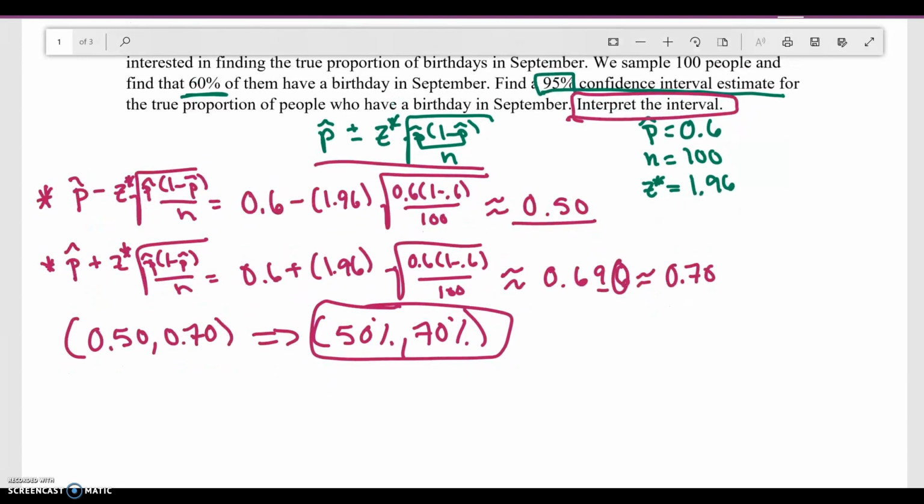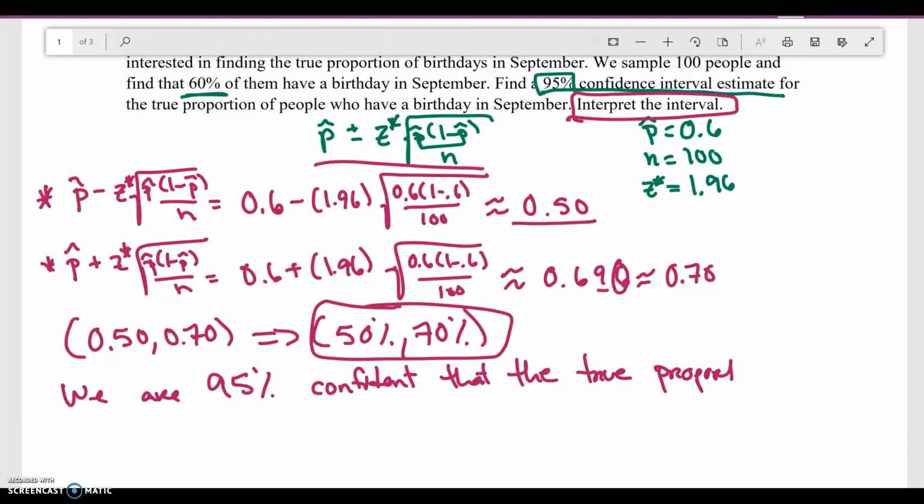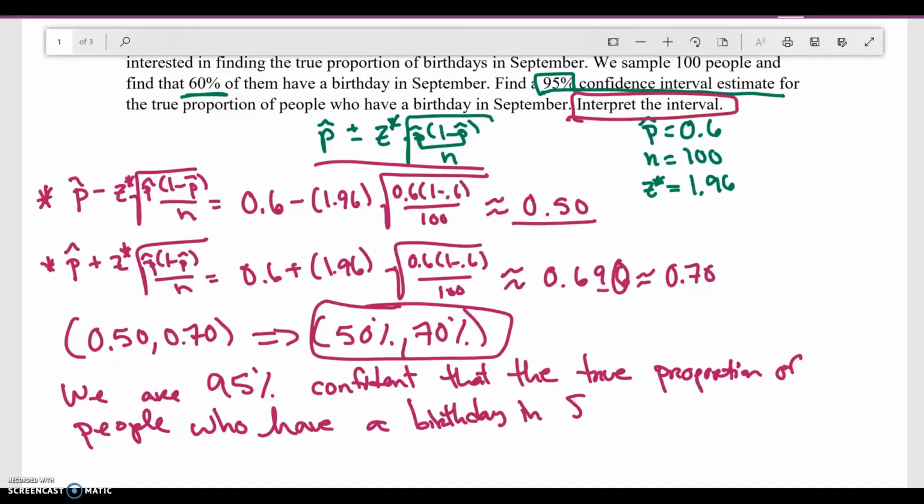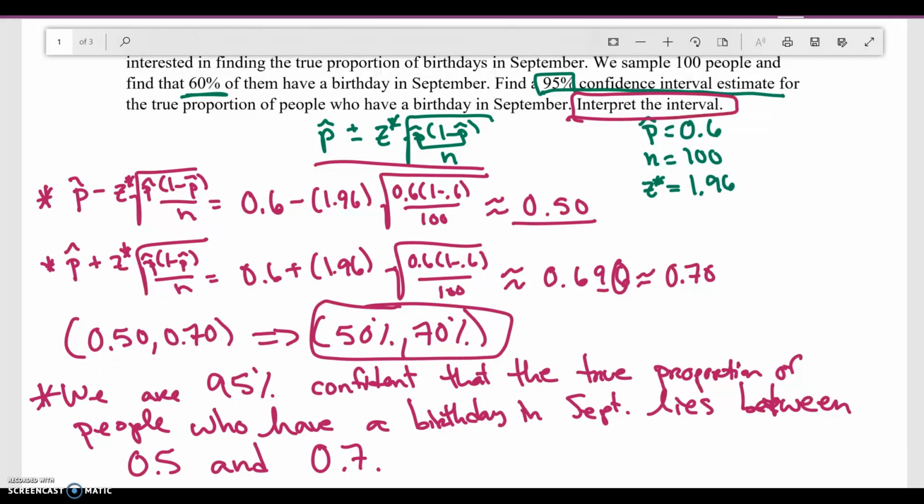You can say: we are 95% confident that the true proportion of people who have a birthday in September lies between 0.5 and 0.7, or between 50% and 70%. If I ask you to interpret this interval, please write it this way.